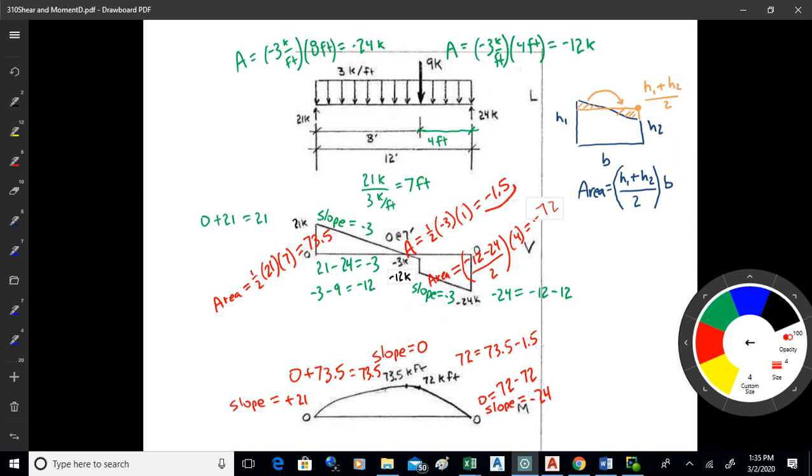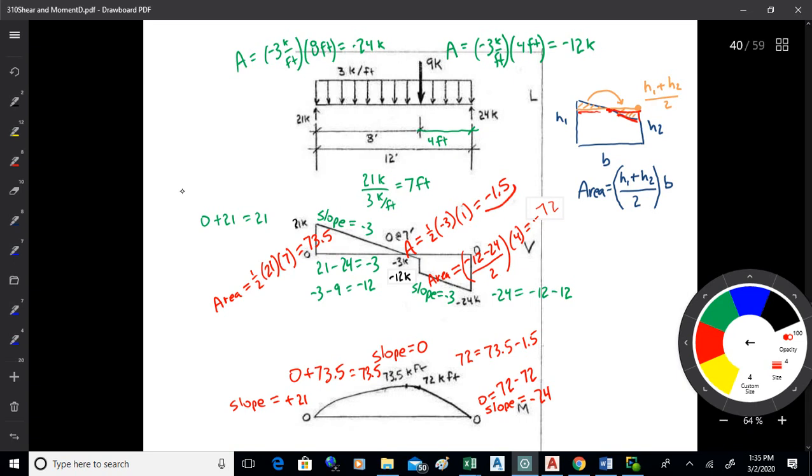Then I've got a trapezoid. I need to find that area. On a trapezoid, you're going to have 2 different heights. You can cut it right in the middle, cut a triangle off of that and flip it and pop it into the other side. Like that. And what that gets you is a rectangle. The height of the rectangle is the average height, h1 plus h2 over 2, and the width of the rectangle is the base b.